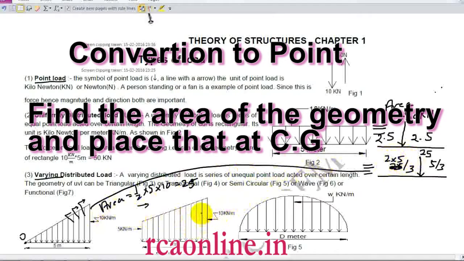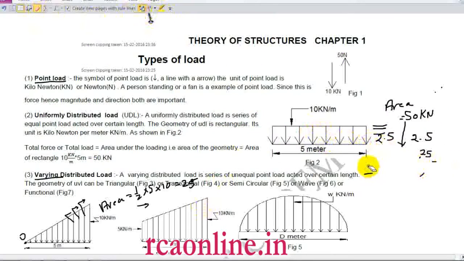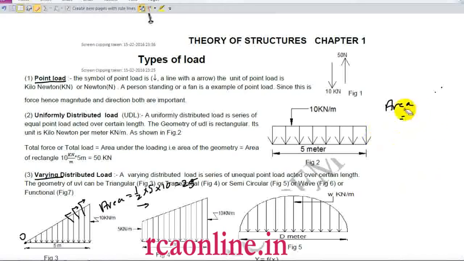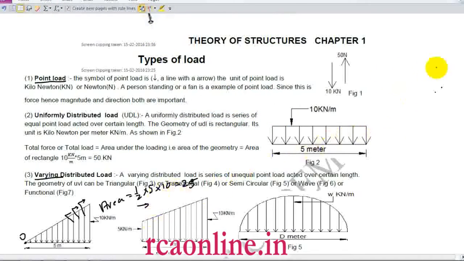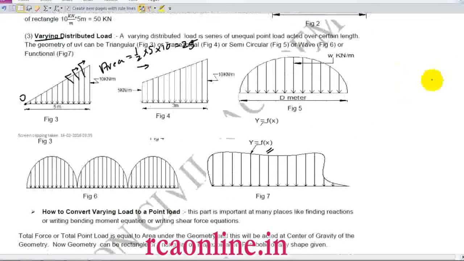Similarly, you take this. This is a good example, and many students ask me that they find it very difficult to solve trapezoidal loading. So I have one solution for them. It is good if you remember the formula of trapezoidal loading, but if you don't, then you can do one thing.